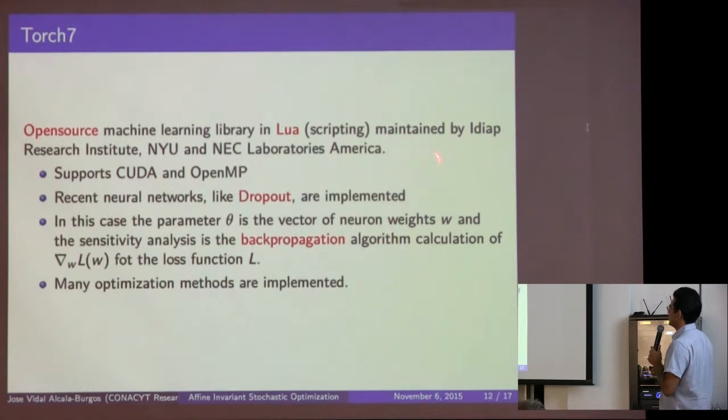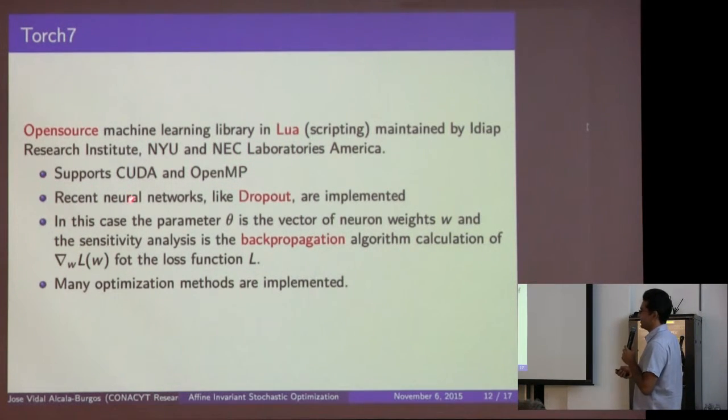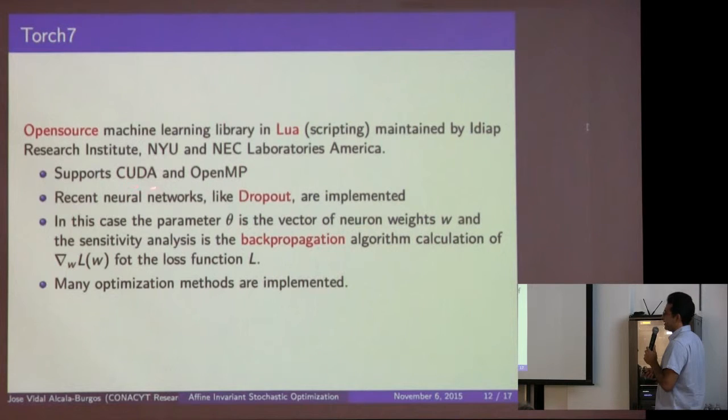Well, it was maintained by these labs before. Now there are more labs. And as they say, now they work at Facebook, Twitter, and so on. Anyway, since we're going to be doing a lot of linear algebra, we need support for CUDA and OpenMP.